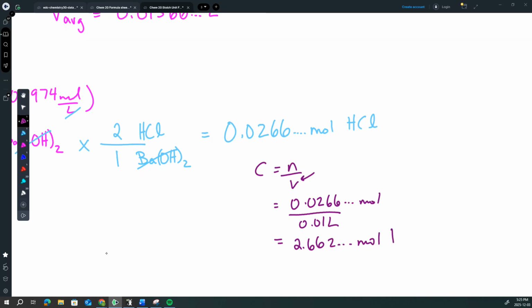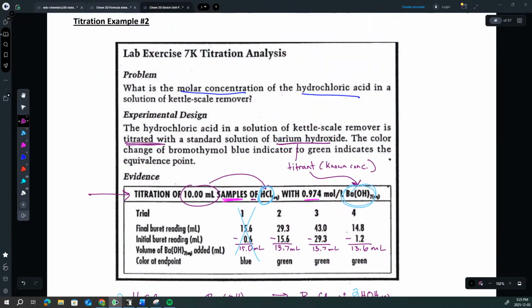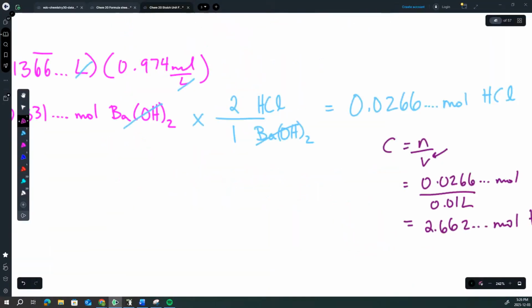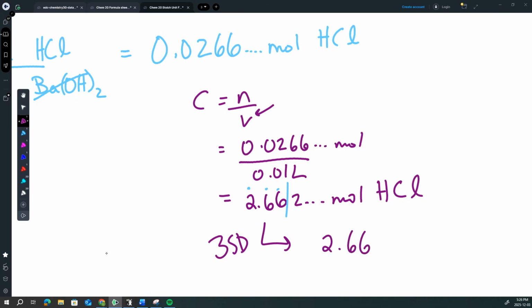Now let's look at our question here. 10 milliliters has 4 significant digits, but the concentration of barium hydroxide only has 3, so we're going to go with the lower amount of sig digs. So this needs 3 sig digs. Counting from the far left, 1, 2, 3, there's my cutoff line. So 2.66, oh, that should be mole per liter. Mole per liter of hydrochloric acid.